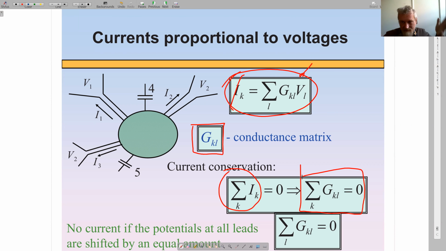But whatever, it's just the rather obvious concept that without voltage differences you cannot drive currents. So in this case, it means that if you sum over the second index, you also get zero. It gives us fundamental properties of this conductance matrix, and in practical terms, it gives us the possibility of quick, foolproof checks of any formulas about this matrix.